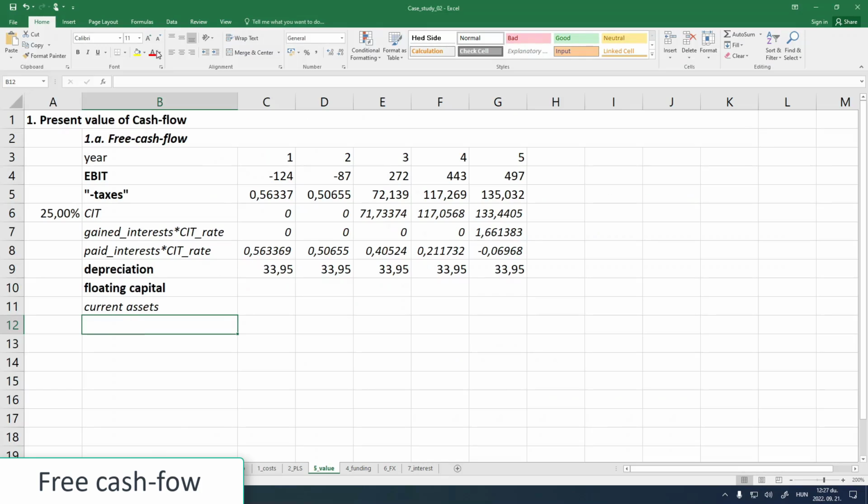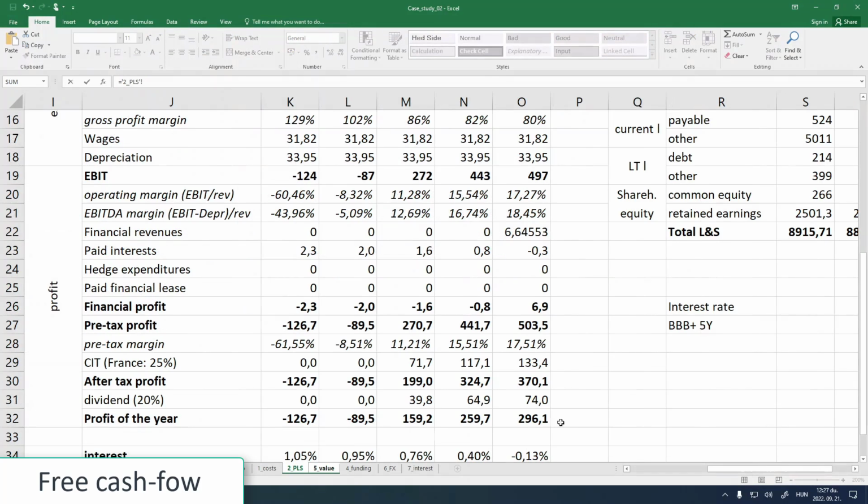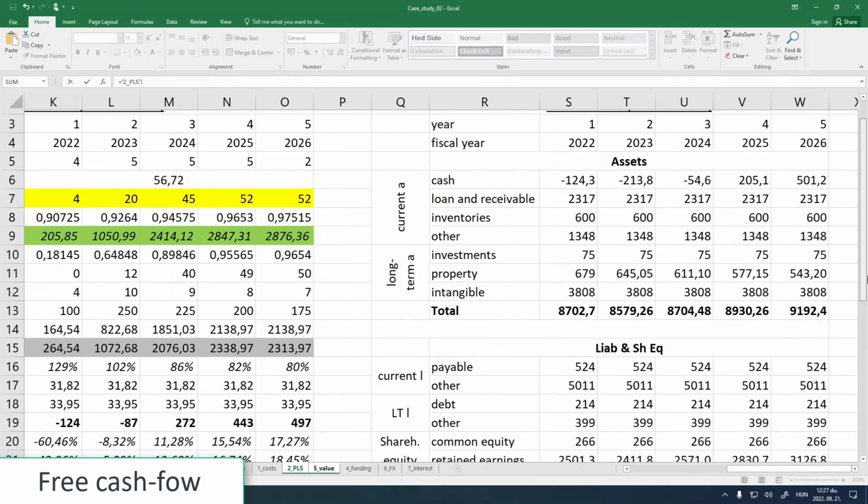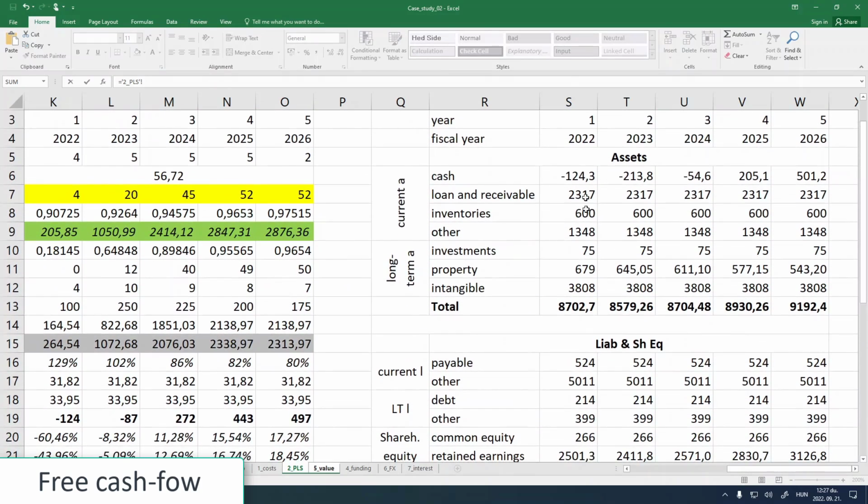Short-term liabilities. We already have the current asset category here, so we just have to sum it up.